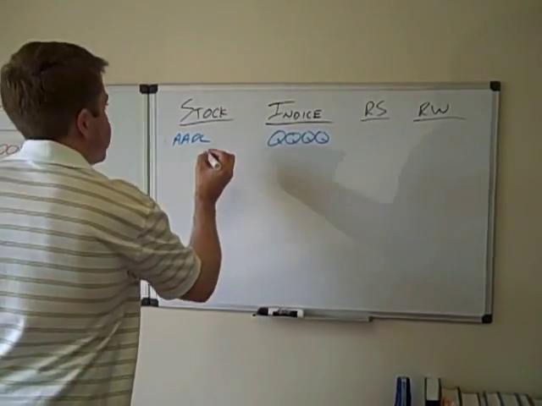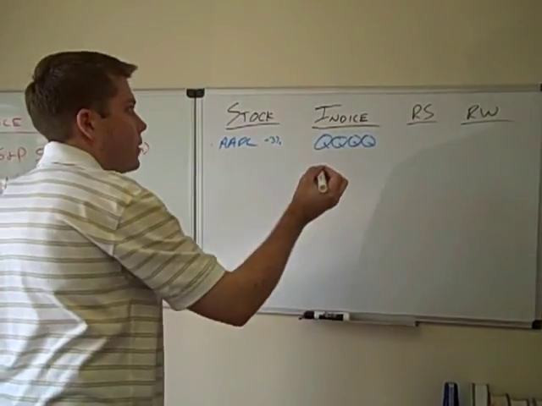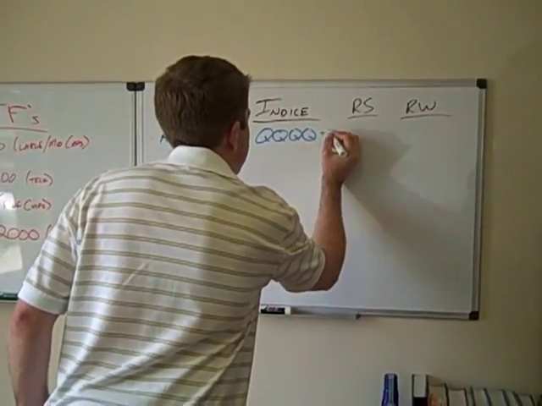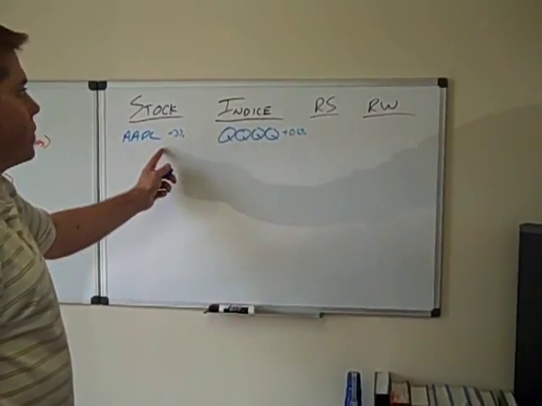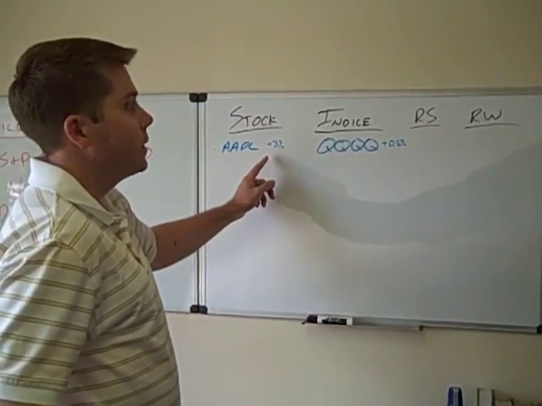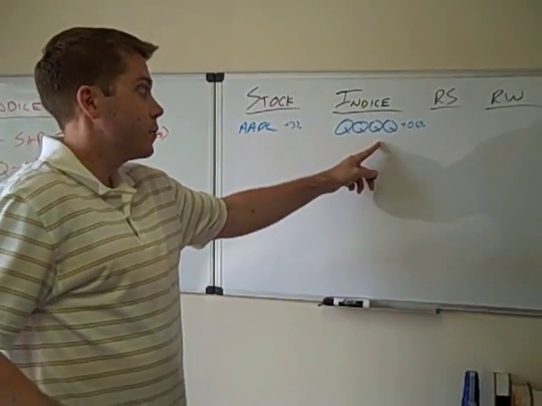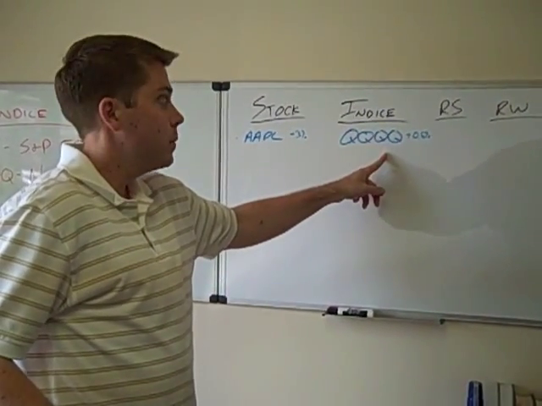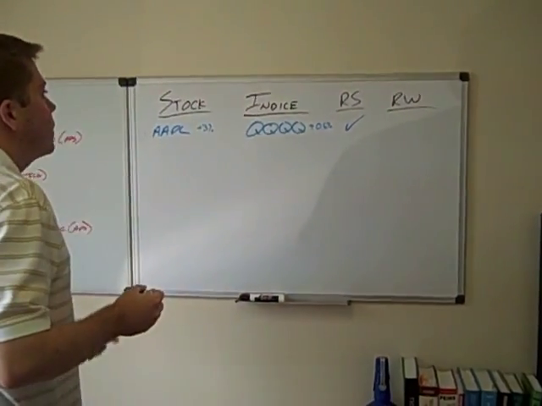Apple today is trading, let's say, plus 3%. The Qs, plus 0.6%. So then I check off: does this mean Apple is relatively strong or relatively weak? Apple's trading plus 3%, the Qs plus 0.6%. Apple's relatively strong. I check off the relatively strong column for Apple.